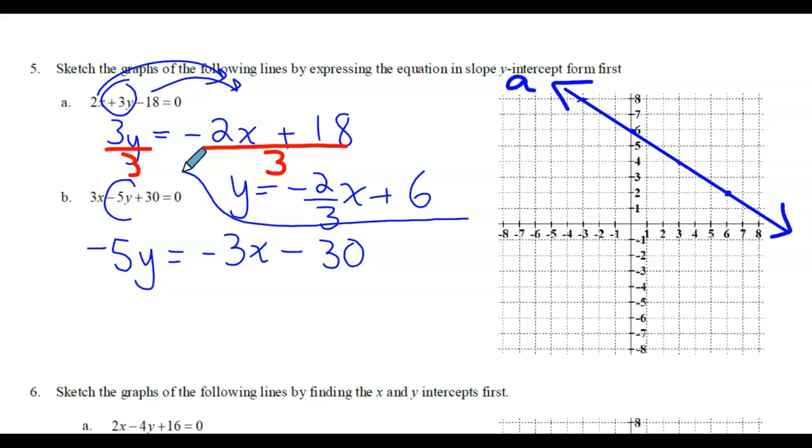That's the form I want. I don't want something equals y, so it would take an extra step. So now I'm going to divide by negative 5.